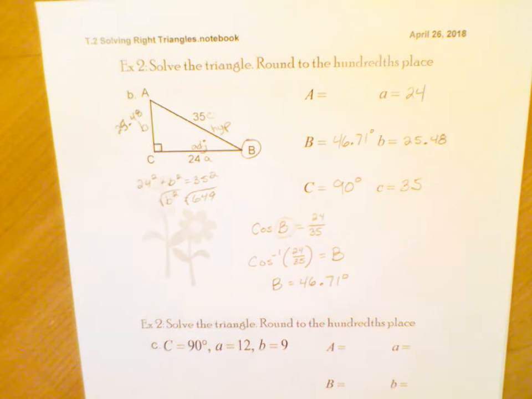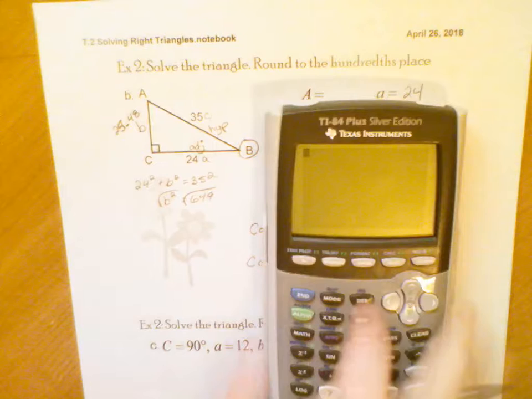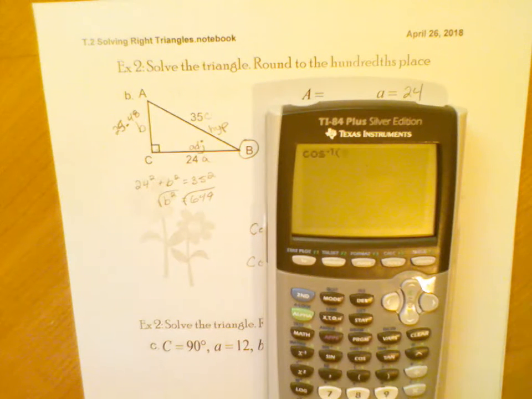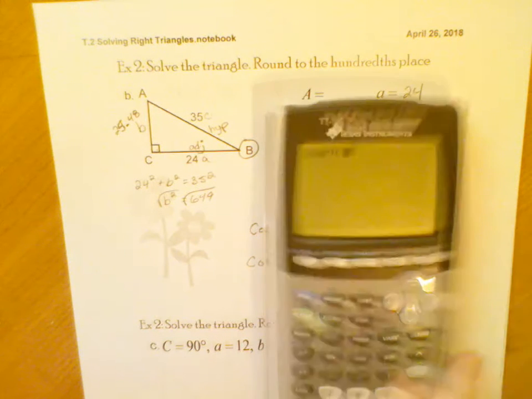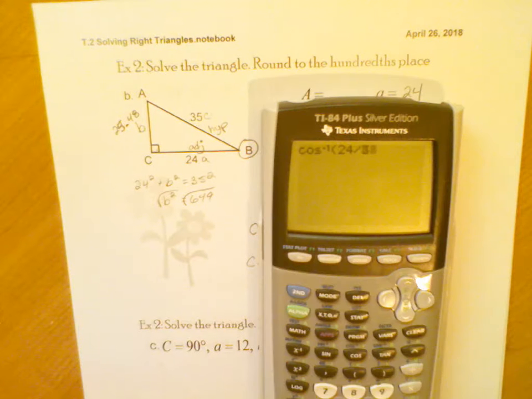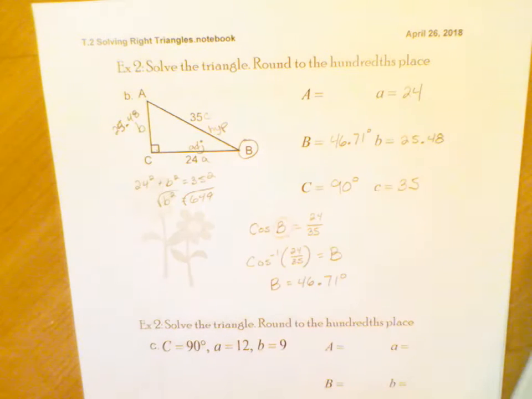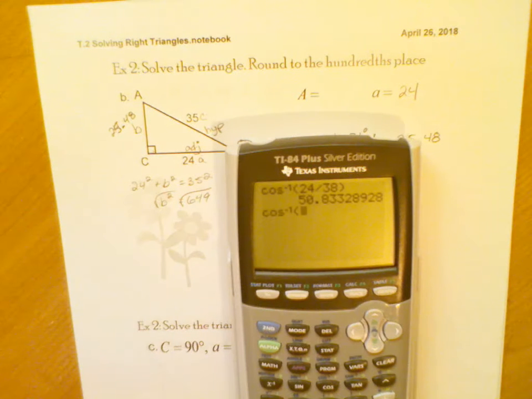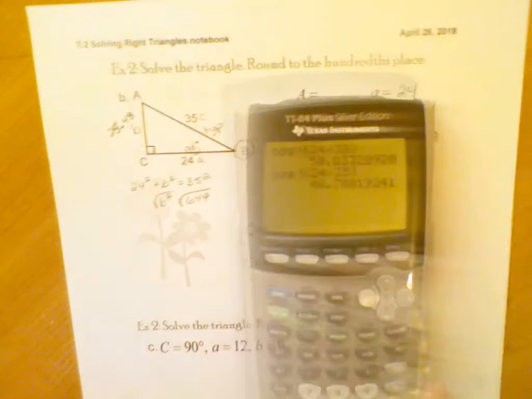So remember that in our calculator, that's second cosine to get that little -1 of 24 divided by 35. Second cosine 24 divided by 35 is 46.71.